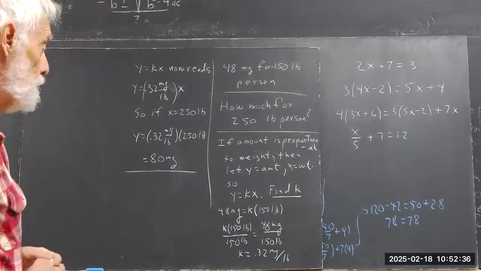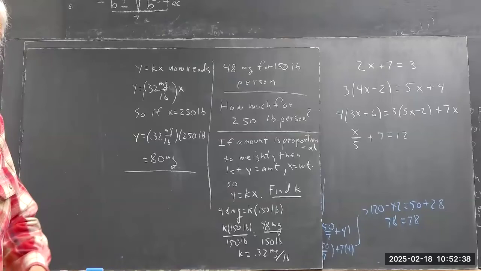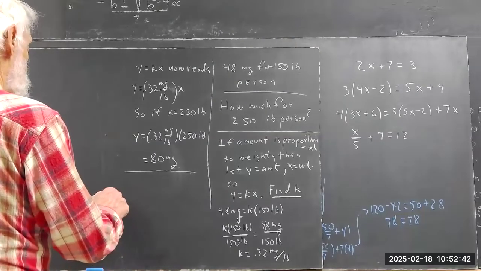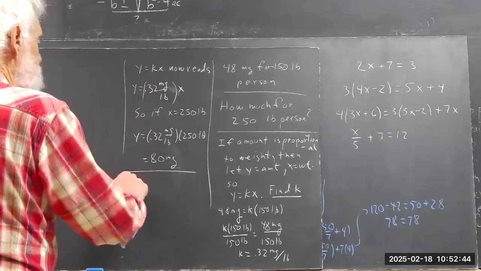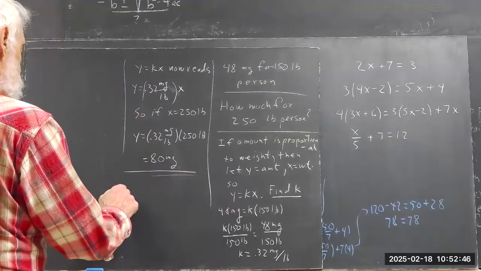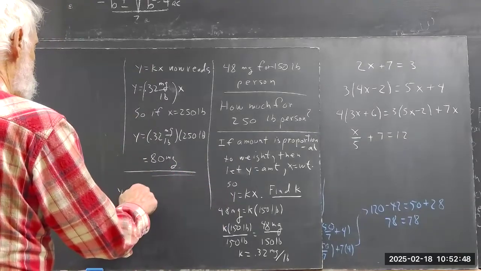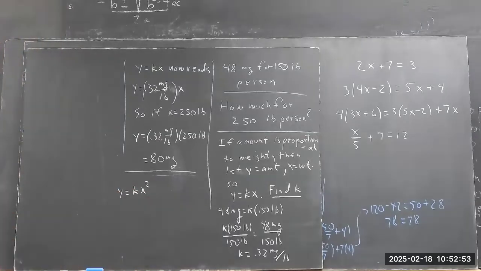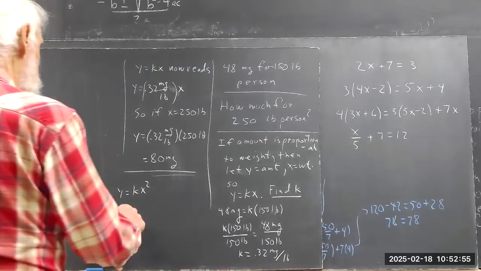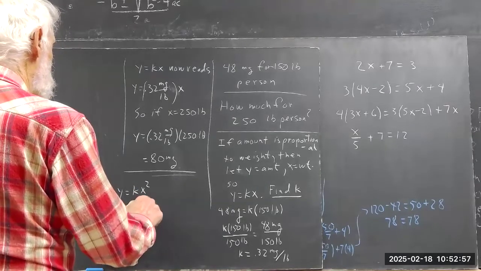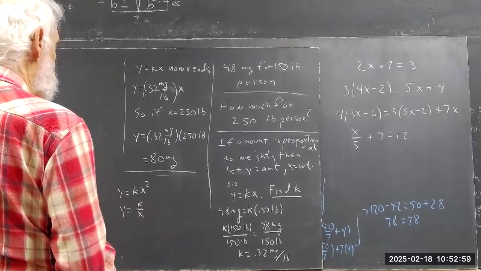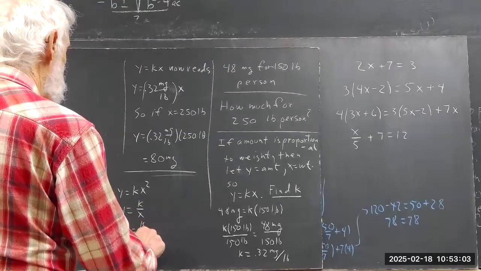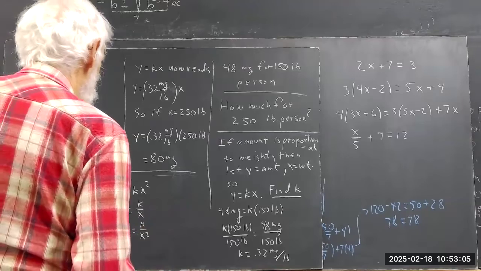Now, there are other proportionalities, and OpenMath will explain some of those. In other cases, you have y equals k times x squared.